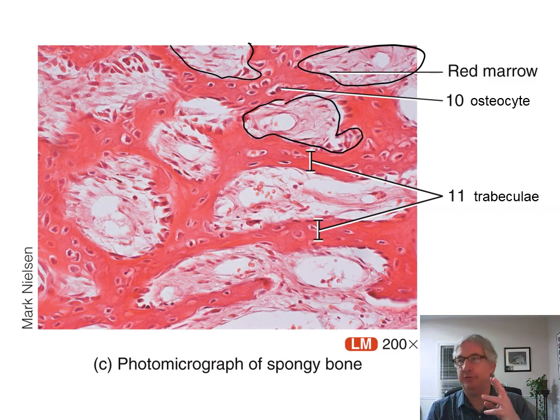So remember, if you take a section right through the middle of it, the spaces in between will be the red marrow, and then the trabeculae are sticking across each other like this. So you're going to get different views. Some are longitudinal, and some are pointy, like you're cutting.